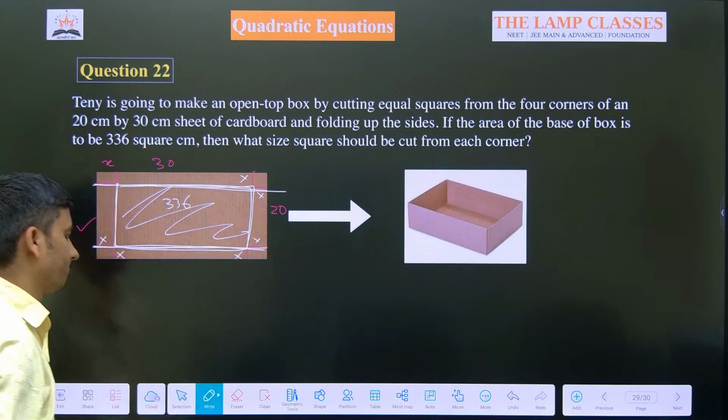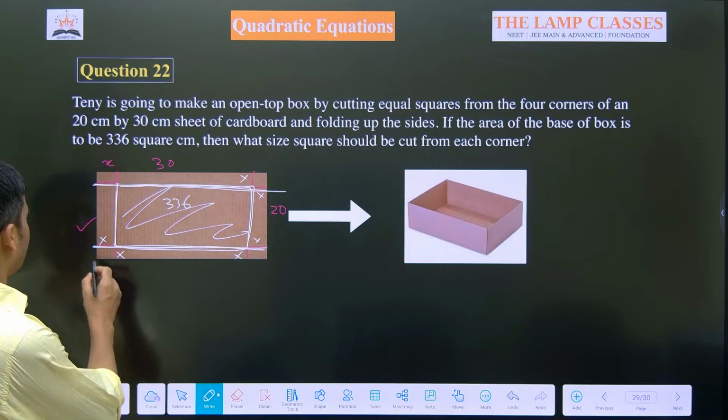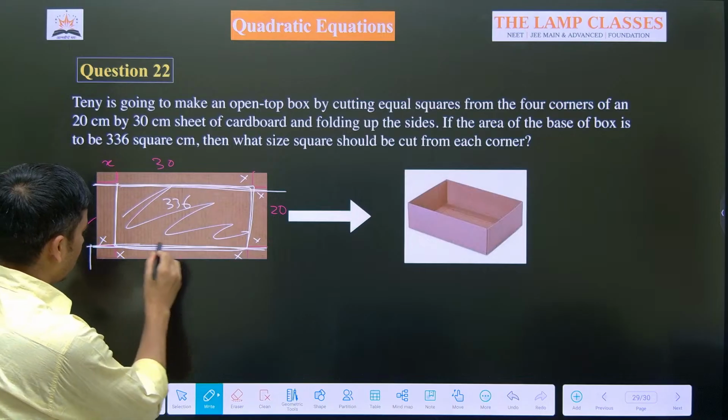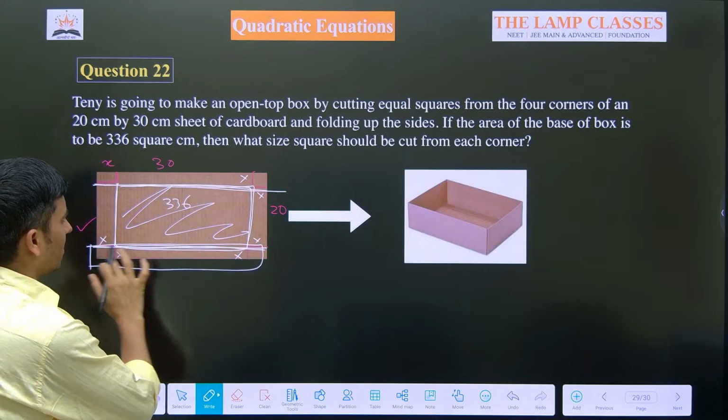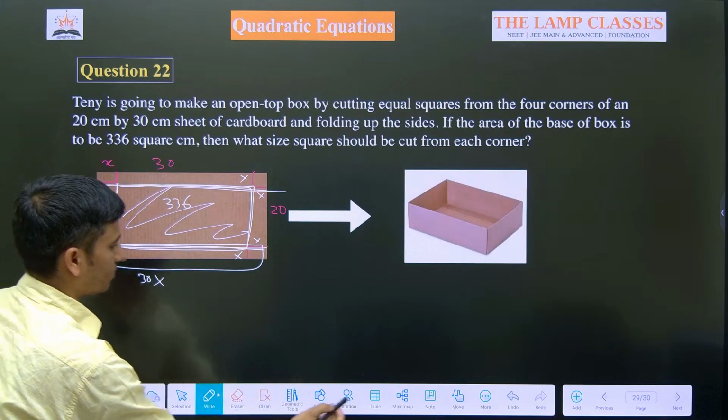Check. Send your answer in the chat box. I'm waiting for your answer, guys. This area alone, if we want to calculate, that is basically 30 times this length x, right?